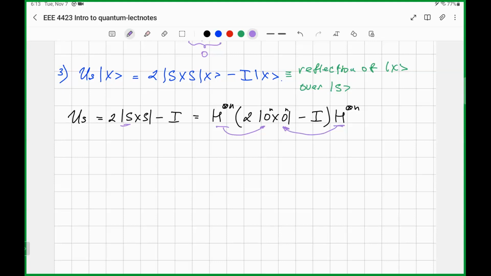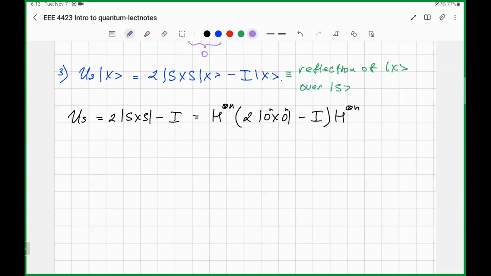And Hadamard applied on the identity from both sides, it's equal to the application of the Hadamard times Hadamard, which is 1 because this operator is unitary. So you will get the identity matrix I. So it's exactly the same.